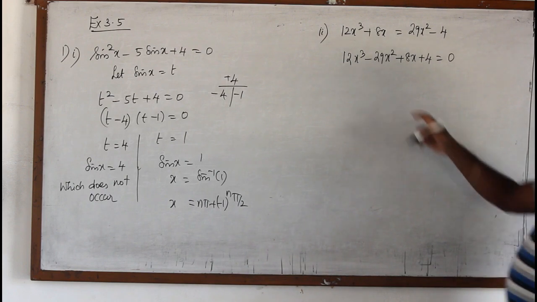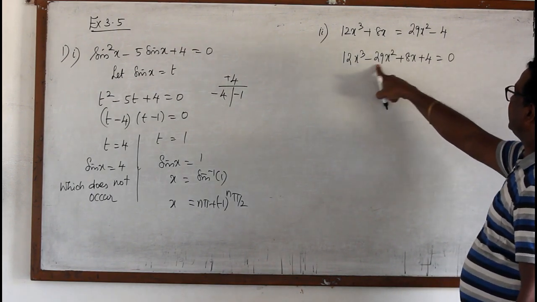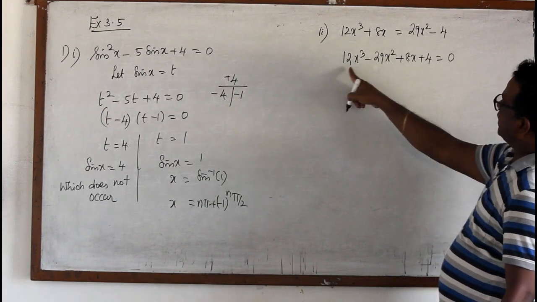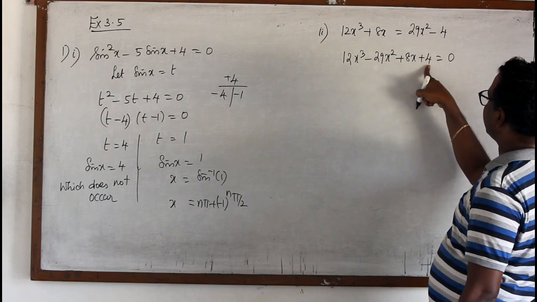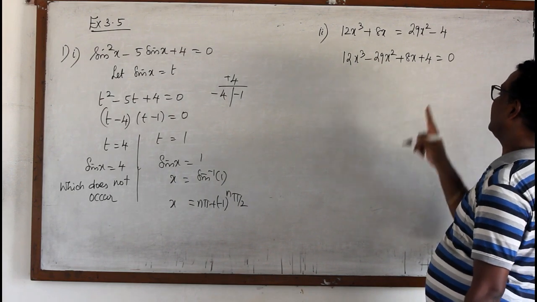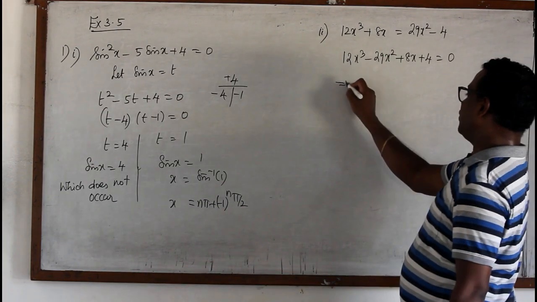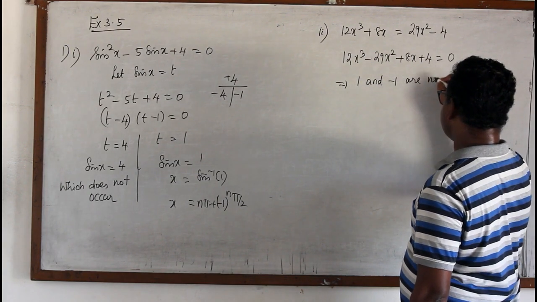Now, when I add the coefficients 12 minus 29 plus 8 plus 4, it's not becoming 0. So 1 is not a root. Even if I go for alternate roots, 12 plus 8 is 20, minus 29 plus 4 is minus 25. When I find the subtraction, then also it is not. Therefore, clearly we know 1 and also minus 1 are not roots.